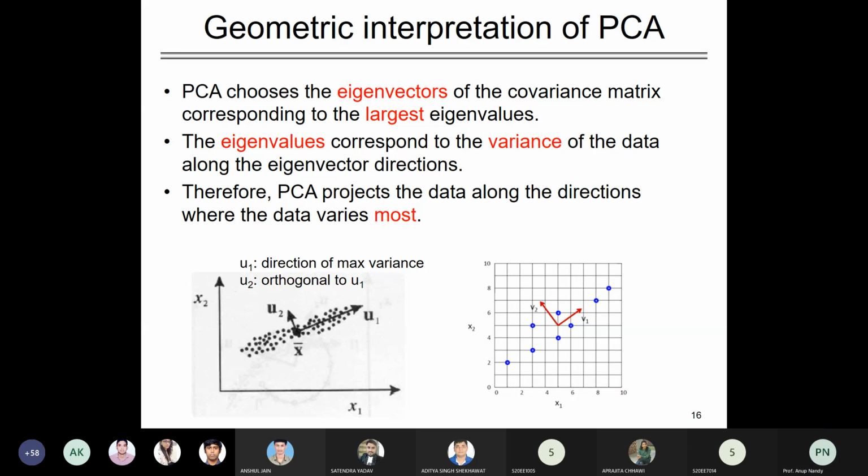Now PCA projects the data along the directions where the data varies most, meaning you have the maximum variance. So U1 is the direction of maximum variance, as I already explained. U2 is orthogonal to U1. In the previous example, whatever direction you find, you store it and look at its perpendicular directions.